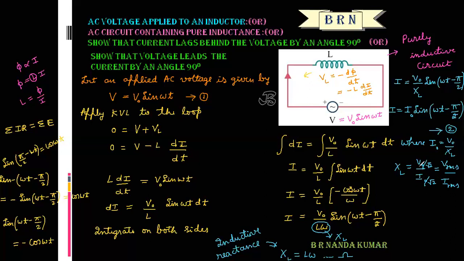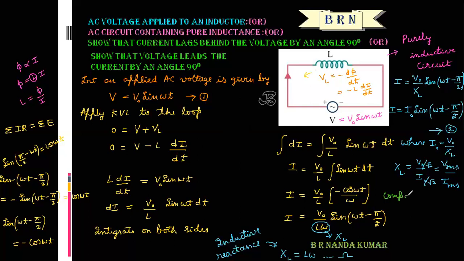This is another definition of inductive reactance. So the first one is the effective opposition offered by the inductor to the flow of AC. The second one is the ratio of the RMS value of voltage across the inductor to the RMS value of current flowing through the inductor. Now comparing the two equations 1 and 2.